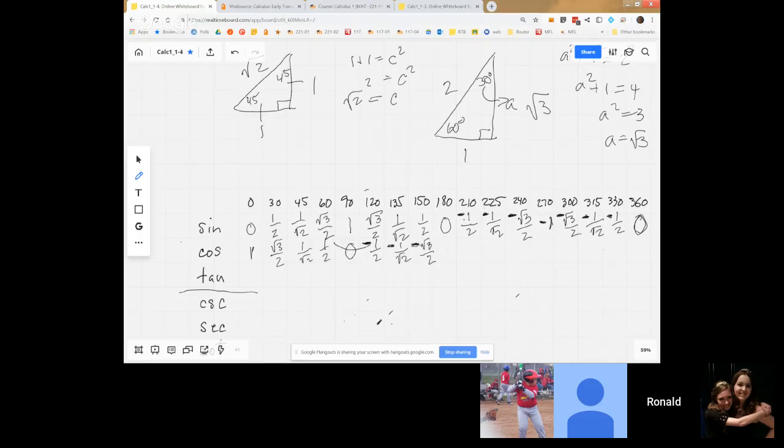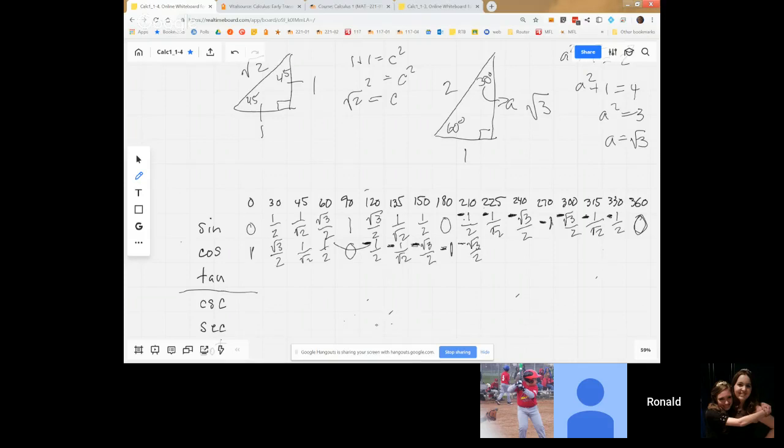At 180, the cosine is stretched all the way out to the left, -1. Okay, 210. That's a 30-degree angle in the third quadrant. Cosine of 30 is the square root of 3 over 2.